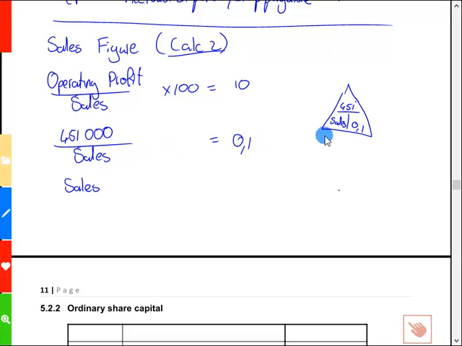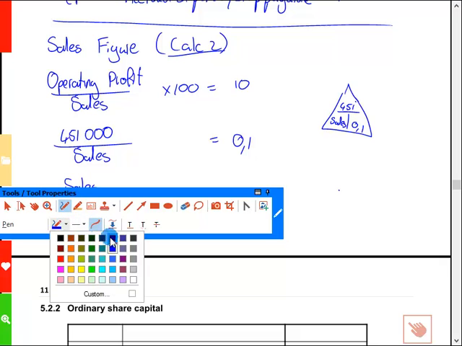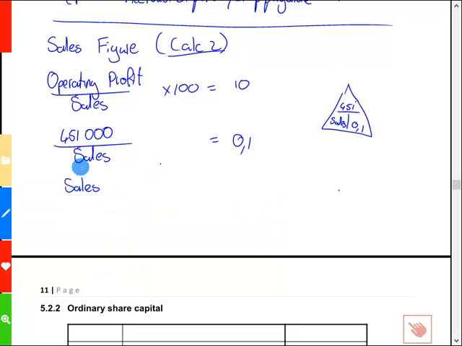Otherwise, you can do the long method where you say, all right, let's multiply both sides by sales. We got sales there, sales there. This then cancels out with this. So we've got 451,000 equals 0,1 sales.